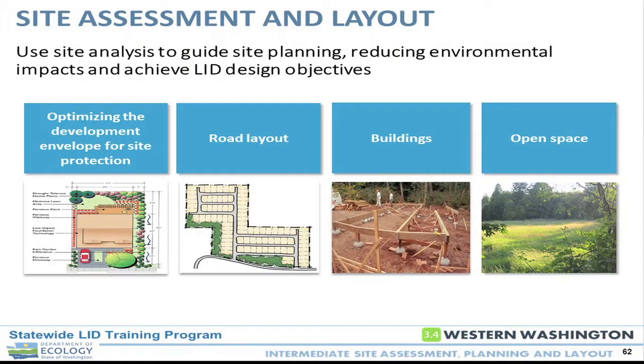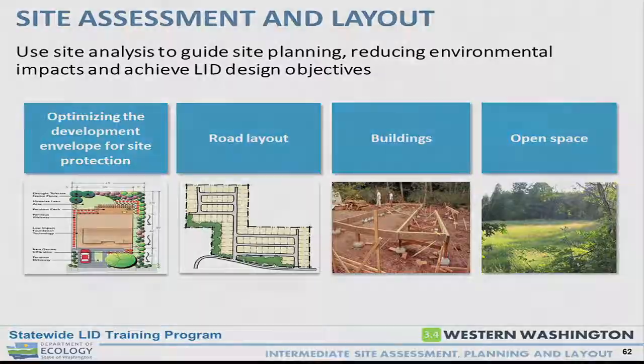One of the things that's specific to the type of development that we're doing is looking at a few of the main components. One of the key factors we talked about early was being able to reduce the development footprints, looking at some strategies for optimizing that.